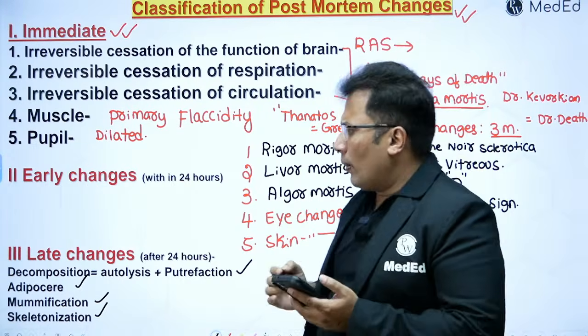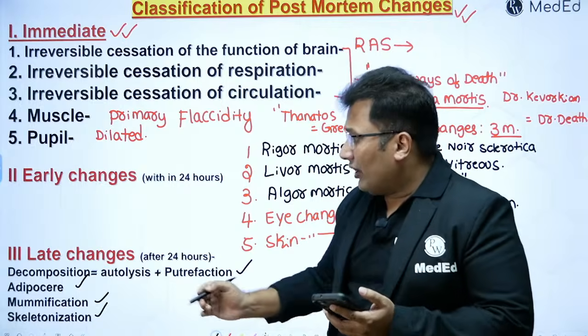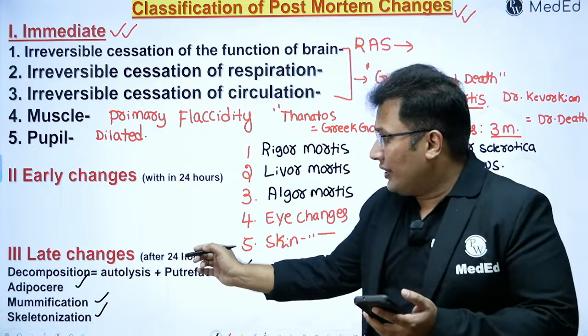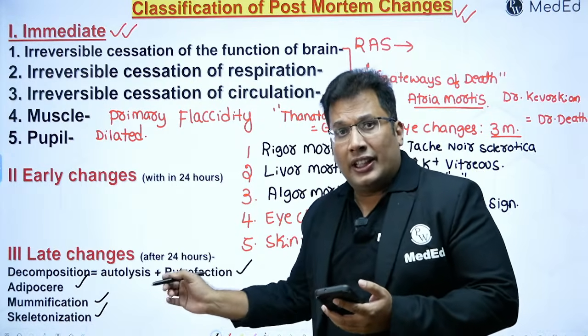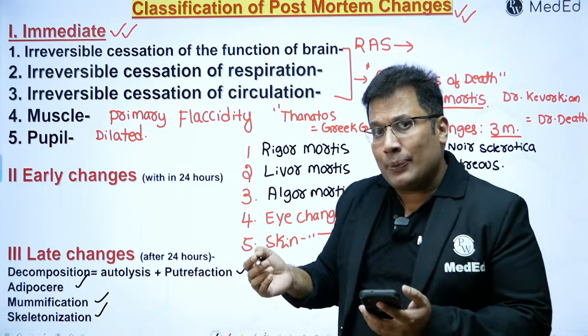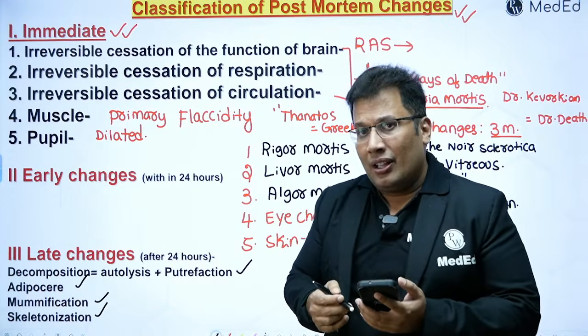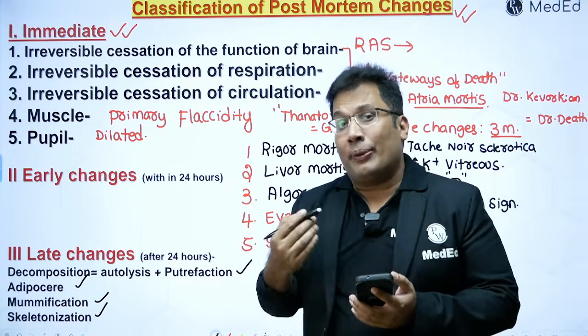And some more points, especially in late changes. Late changes occur after 24 hours. It is because of the proteolytic enzymes produced by Clostridium welchii. The color of the dead body is commonly asked.